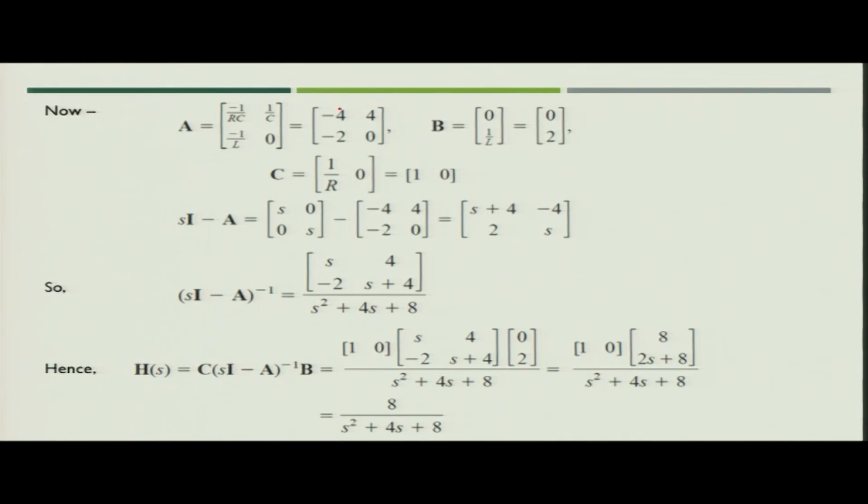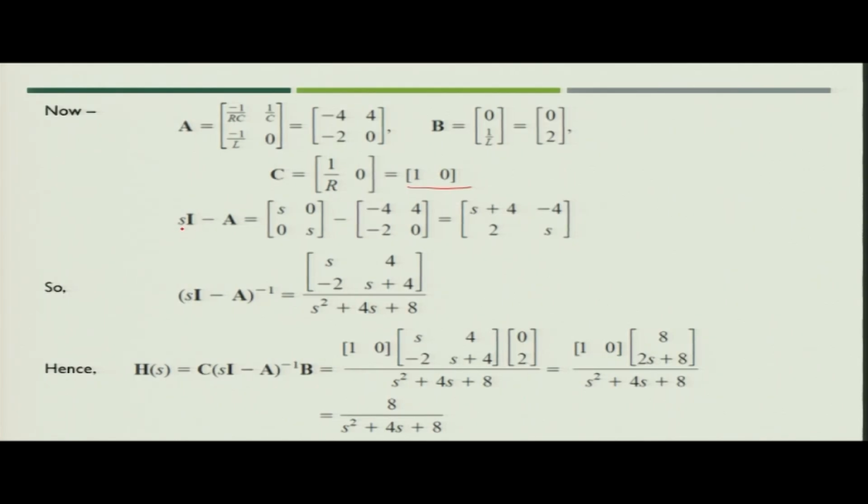Similarly, for vector B, the elements are 0 and 1 by L, so you get B as 0, 2. Similarly, for C, the elements are 1 by R and 0. If you put the value of R, you get C as 1, 0. So, now you have got A, B and C.